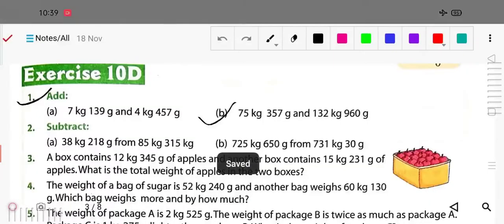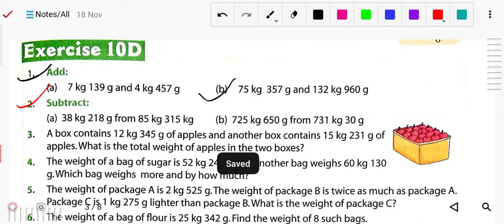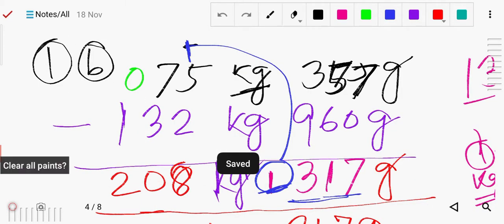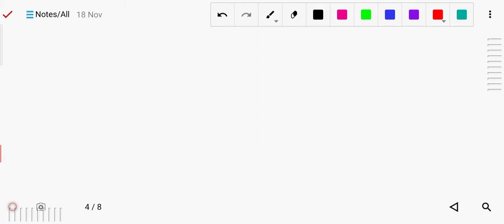Now the next question, number 2, subtract, okay? Again I am going to solve number B. We have to subtract 725 kg 650 gram from 731 kg 30 gram.